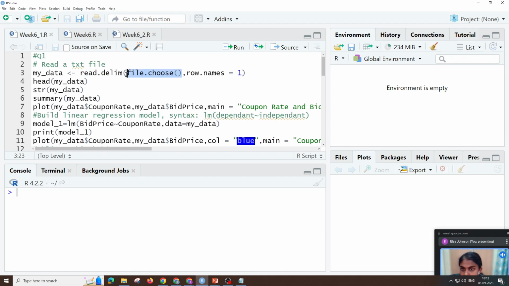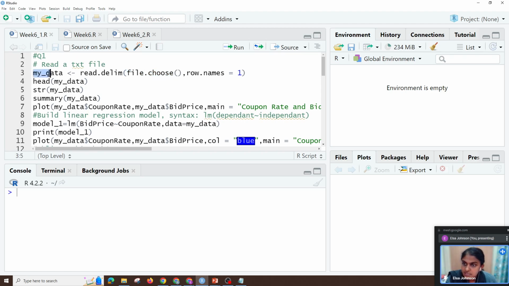Earlier I have seen that you can get this data directly, like you can paste the location in the drive. Instead of that you can just use file.choose also. So what I'm doing is saving it in my_data. In the course of this question we will look at other things you can analyze with the data also.